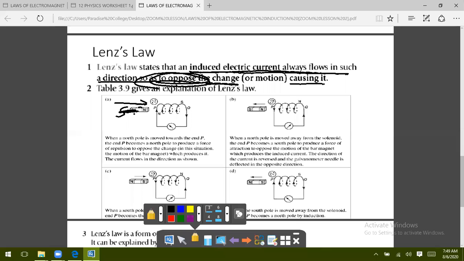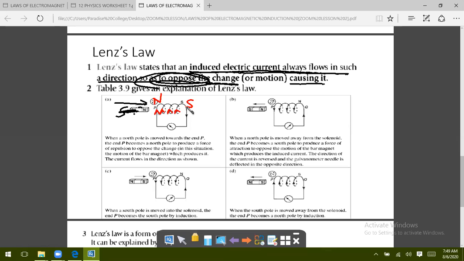You notice that the current flows in such a way to oppose this. When this becomes the north pole, using the right-hand grip rule, we identify this as a north pole. Bringing in north pole, like poles repel, so it will push away this.